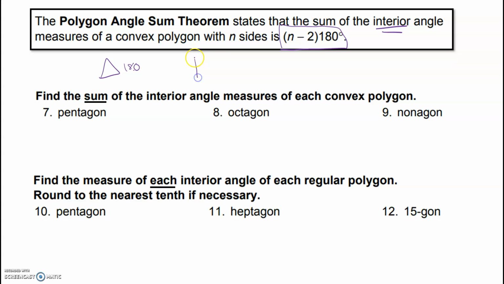So if we look at a quadrilateral, if you start at a vertex and connect to the other vertices, you have 1, 2 triangles. So you would say 2 times 180. So we have 2 triangles.